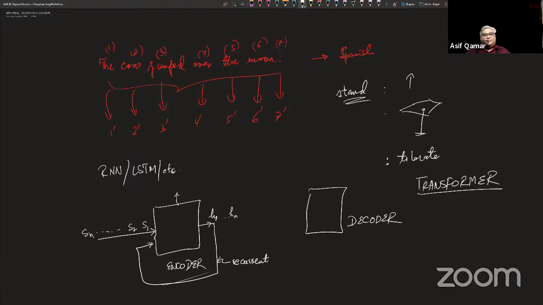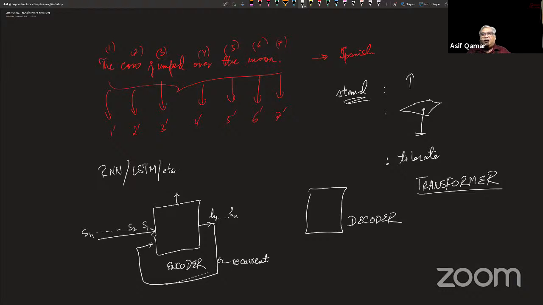Suppose I very slowly say the words, the cow jumped. You realize that in your mind, you are slowly constructing a thought, isn't it? There is a thought of what you have heard, and that thought is accumulative.